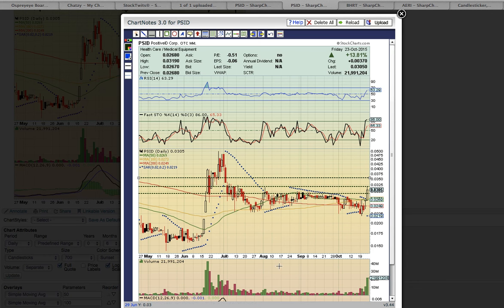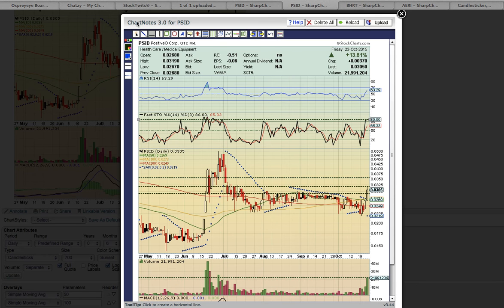If you look at the volume, there was very strong volume. So not only was this a nice break above resistance, but it was on very good volume. You have to go all the way back to June to find these levels, and that's when the last big rally happened. If you go up here at Fasto, you'll see it closed above 80.